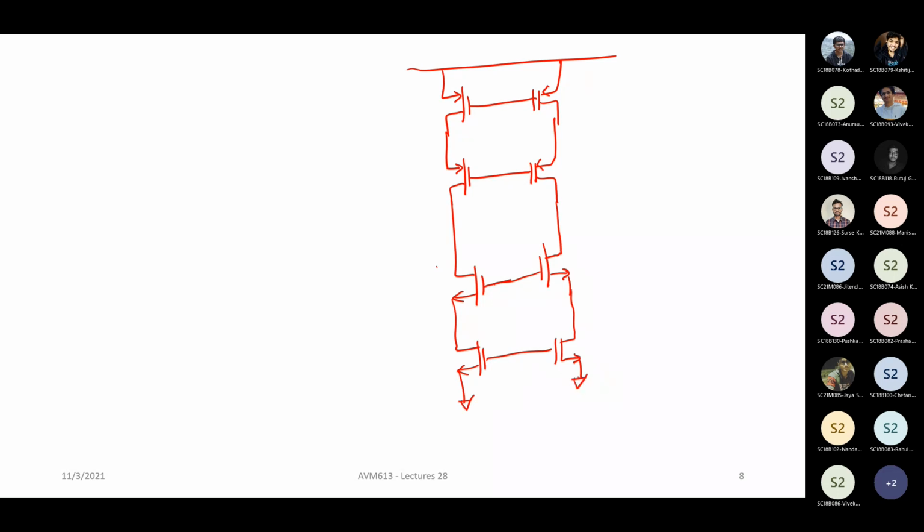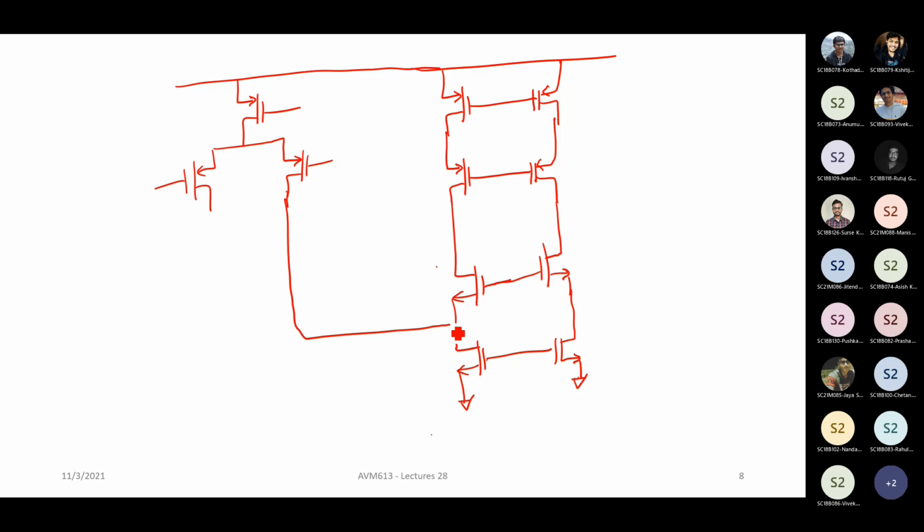Right. So a PMOS input pair is going to look like something like this. There are different ways of drawing it. So where does this connect to? Right. And then an NMOS input pair.